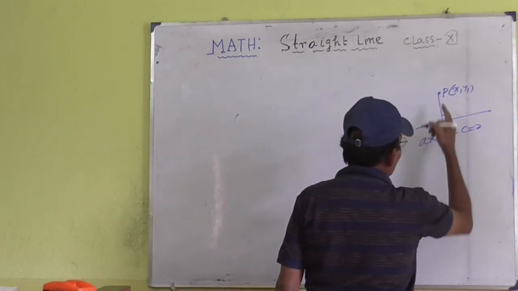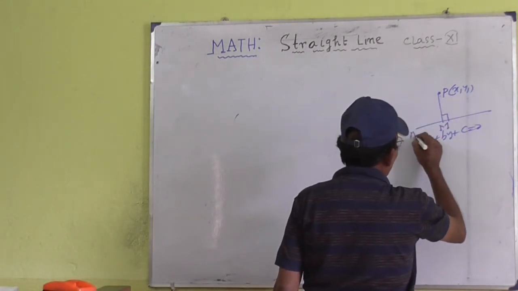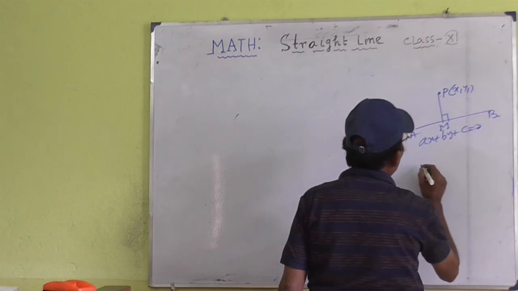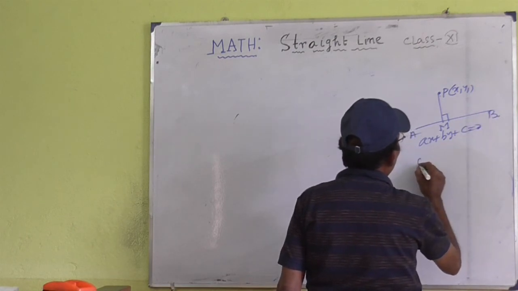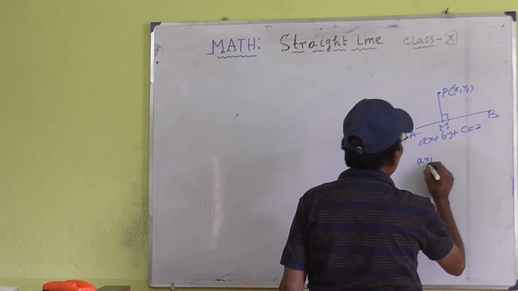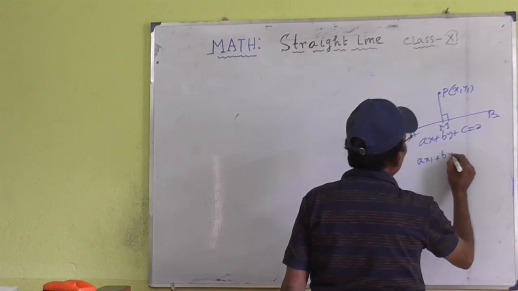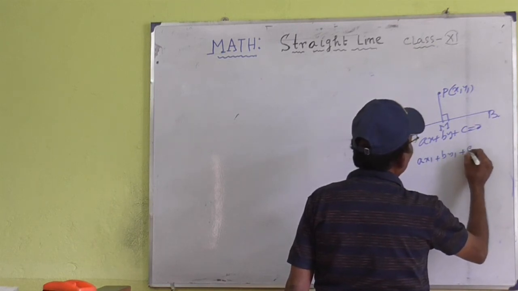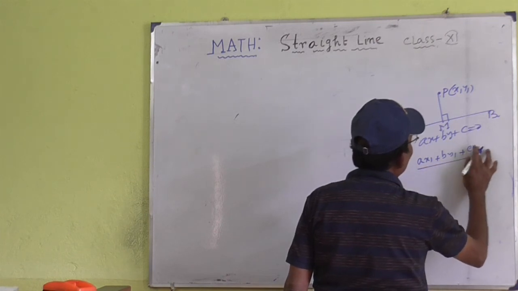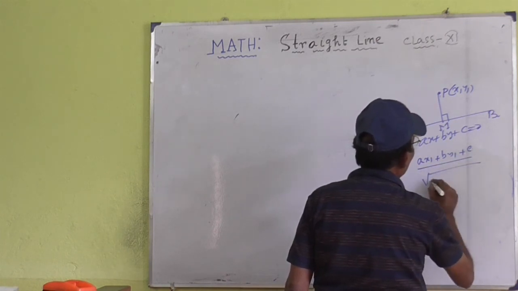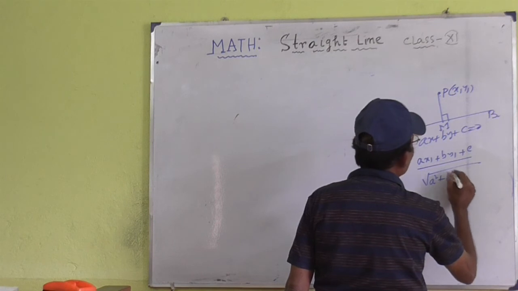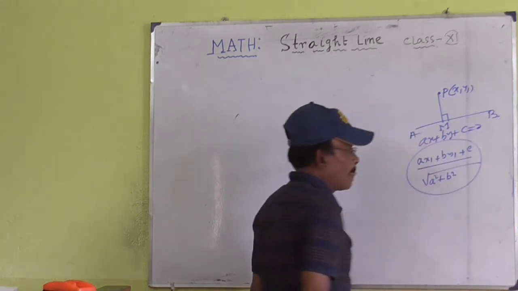The perpendicular distance from P on AB is the modulus of ax1 plus by1 plus c divided by root over a square plus b square. Clear?